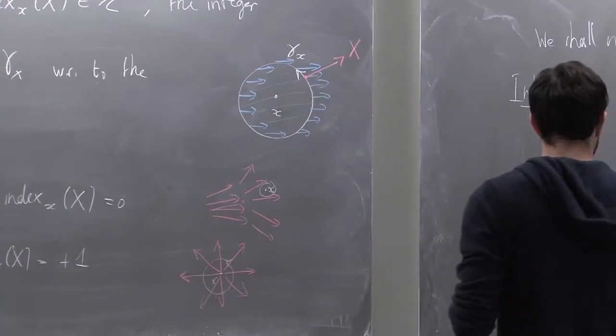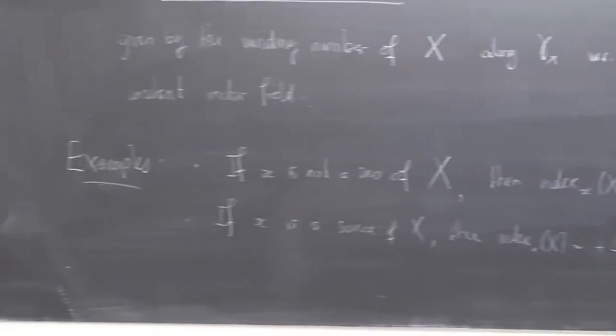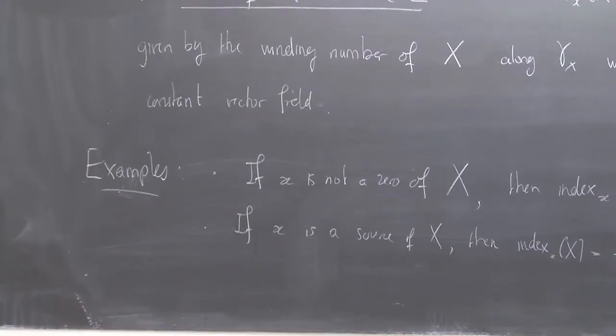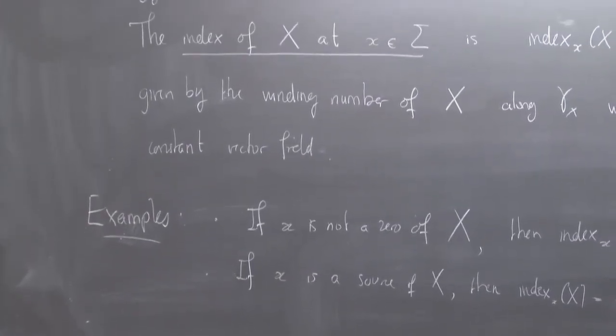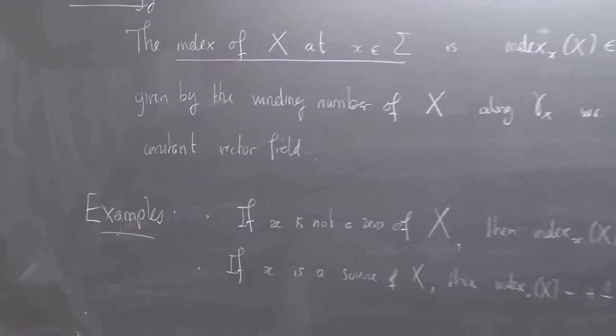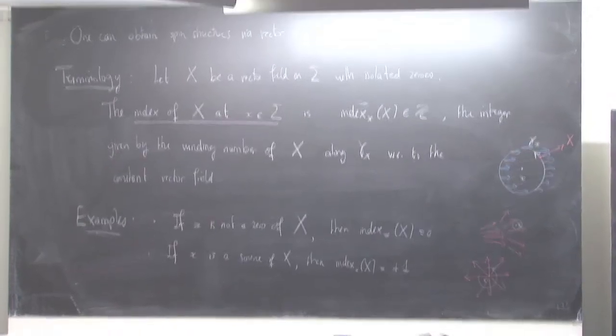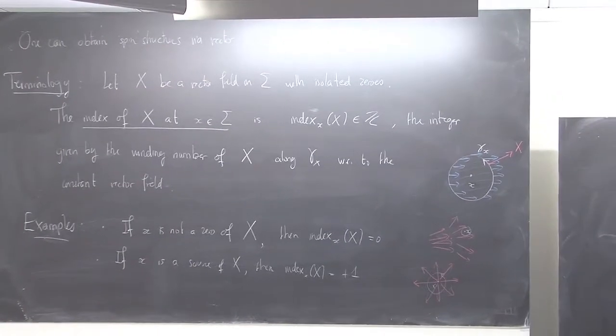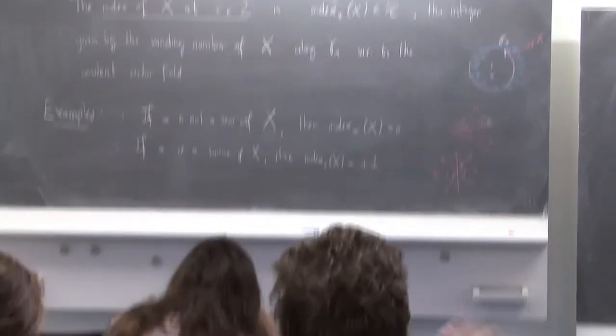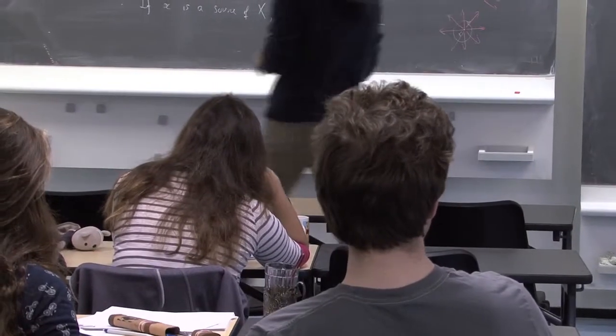Okay. So why am I talking about this now? So I'm going to give you some facts. You said a saddle is also +1? I'm sorry? You said a saddle is also... A saddle is also +1.